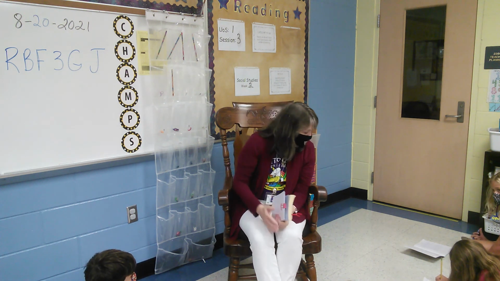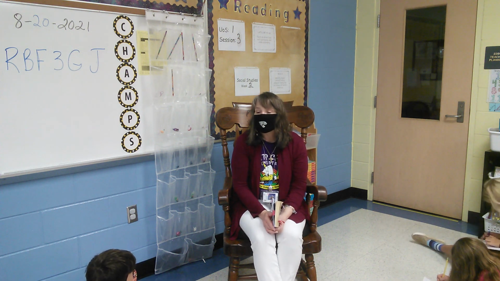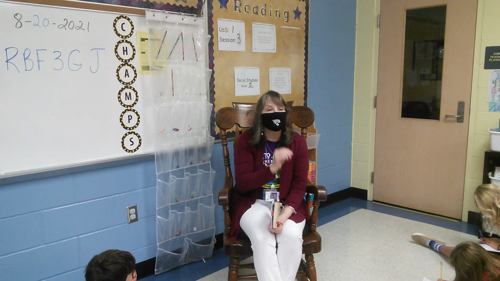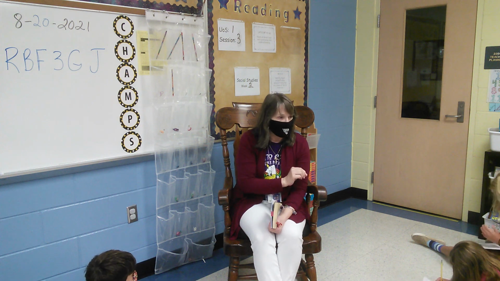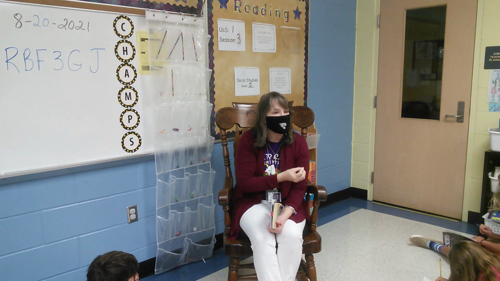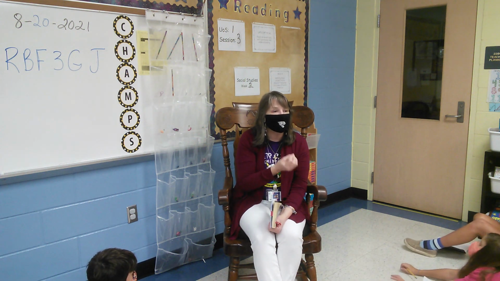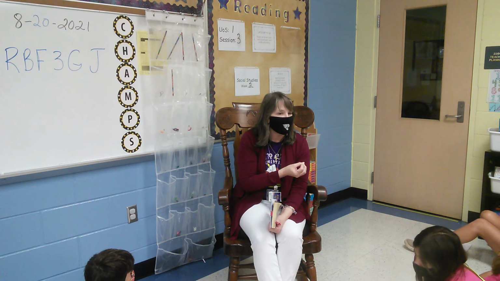I want to remind you of what we learned today. We learned that when we're growing an idea, we have to find where it lives in the text. Where is evidence of our idea in the text?